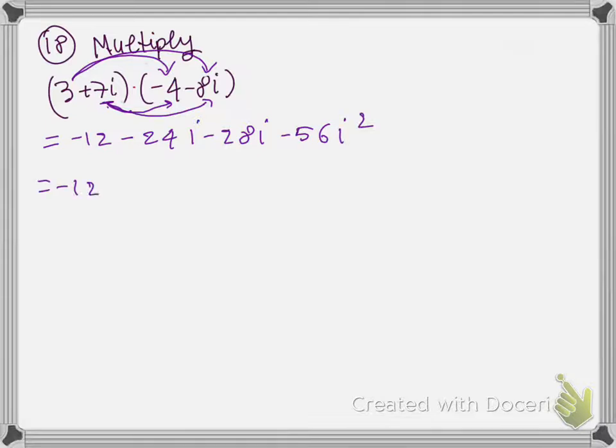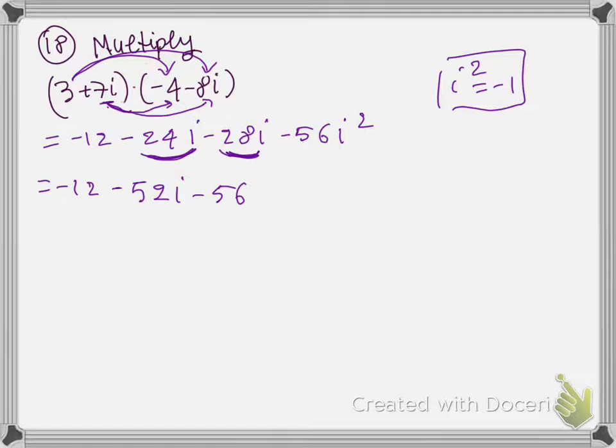equals negative 12. We combine like terms, the negative 24i and negative 28i, which will give us minus 52i minus 56. i squared is negative 1, and that's what I'm going to substitute it with.